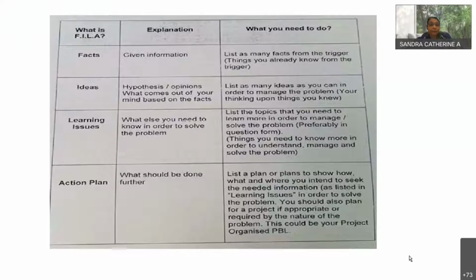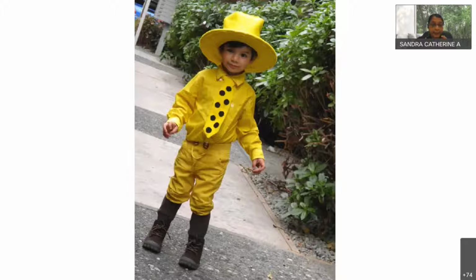Okay, so this is an example of how the problem-based learning is done in the class. So usually I will give this table. I will explain about this table, what they should do in each of the column. The next slide. Okay, so this is an example.